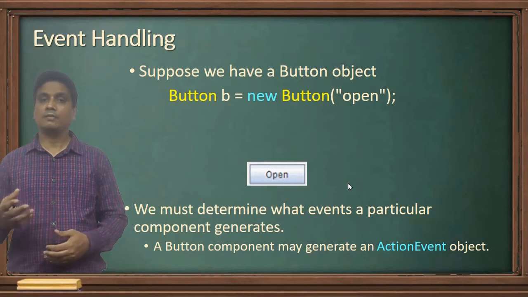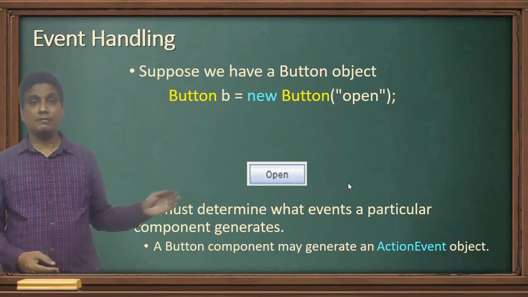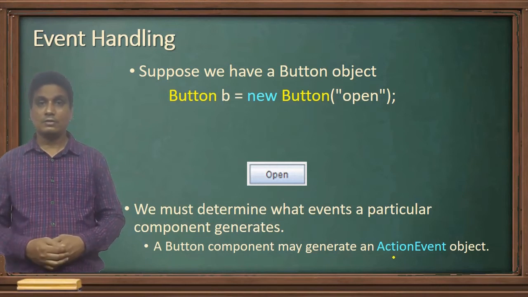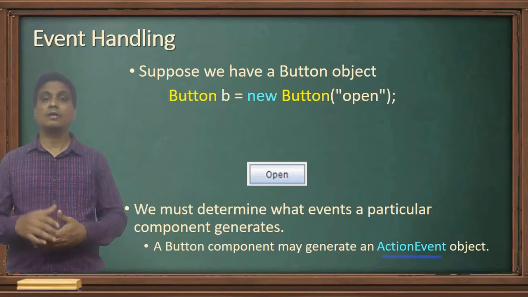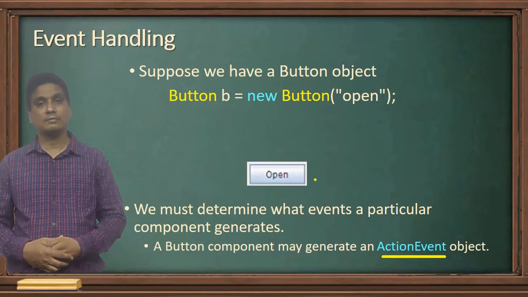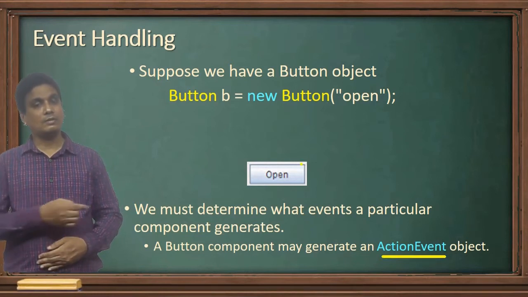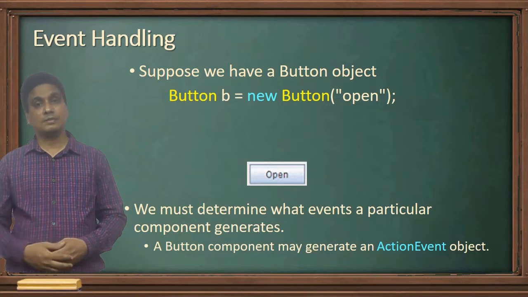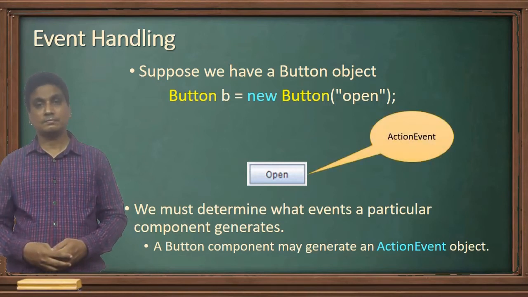In Java, the event that gets generated when a user clicks on a button is called an action event. So when you click on the button, an action event gets generated.